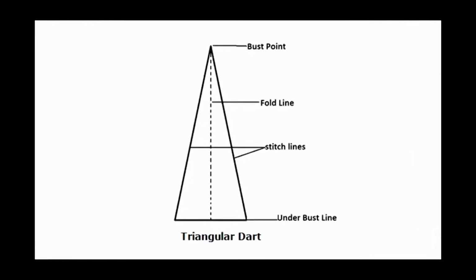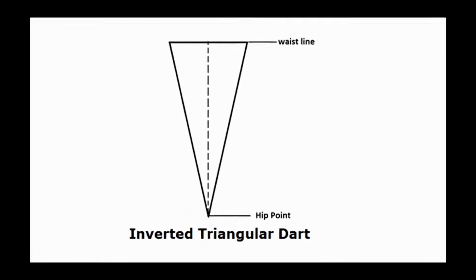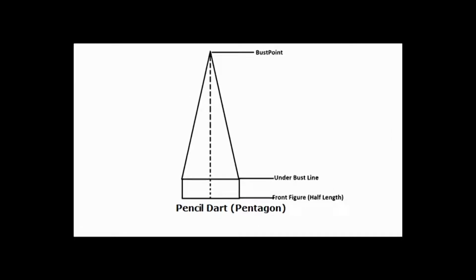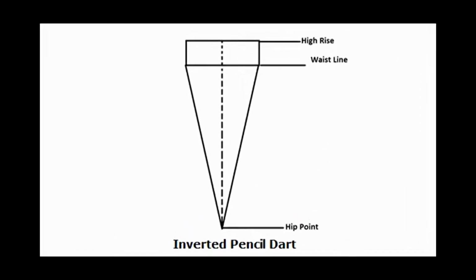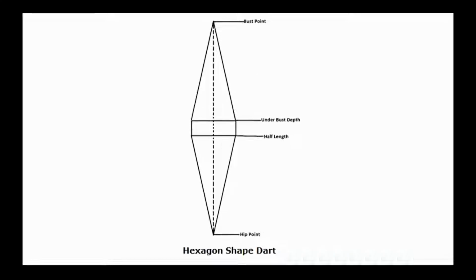Darts are differentiated based on their structural adaptation: triangular darts, inverted triangular darts, diamond darts, pencil darts, inverted pencil darts, hexagon darts. One of the parameters that helps a garment construction professional to decide when to use a particular dart is when these structural darts define a client's anatomical profile.